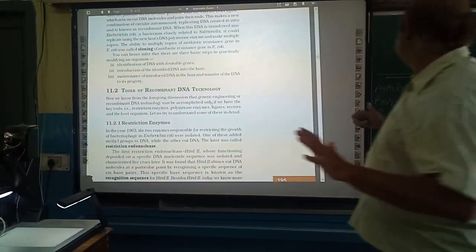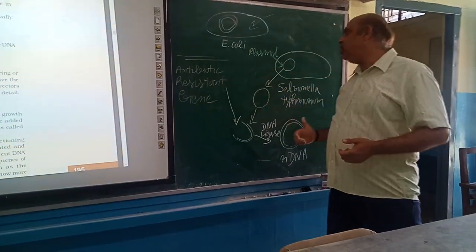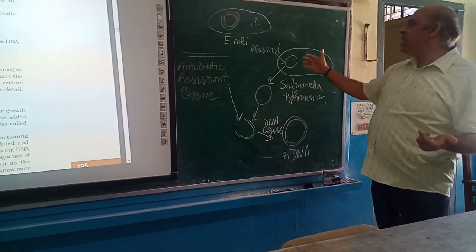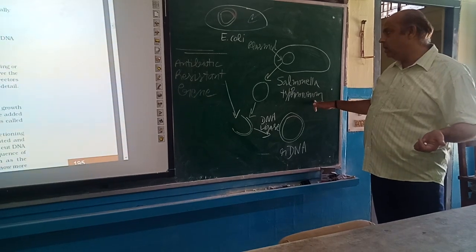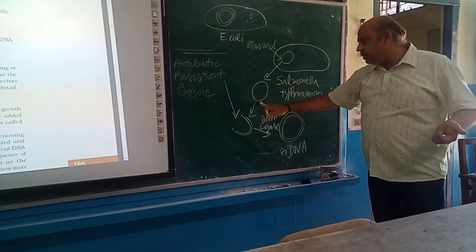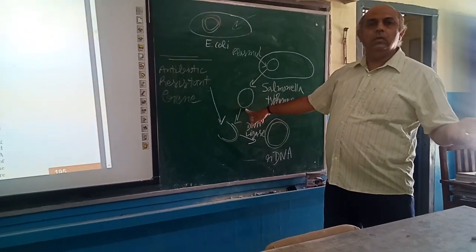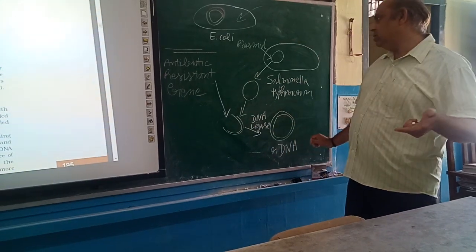What they did, they first isolated an antibiotic resistant gene from the plasmid of a bacteria, and then they isolated a plasmid from Salmonella typhimurium bacteria. Then they opened the plasmid with the help of the same restriction enzyme which was used to obtain the antibiotic resistant gene.